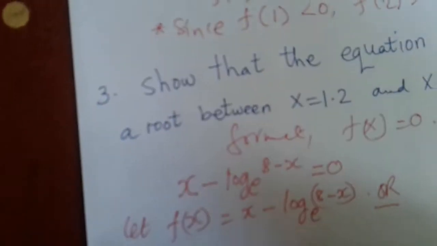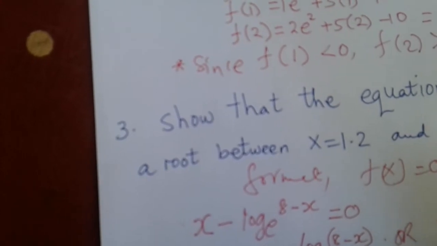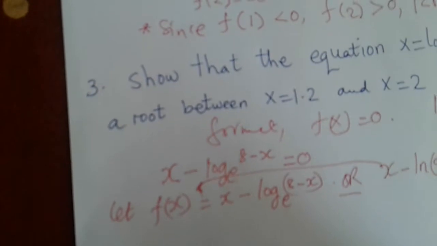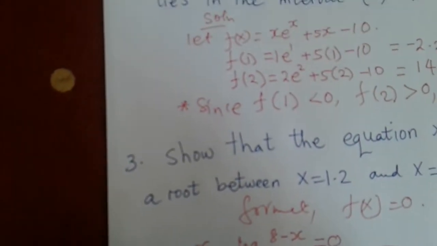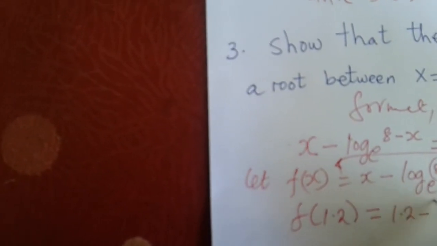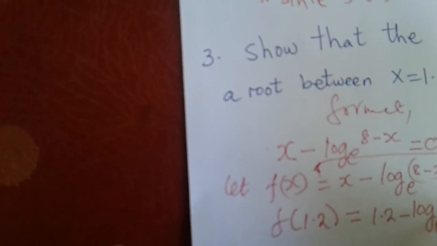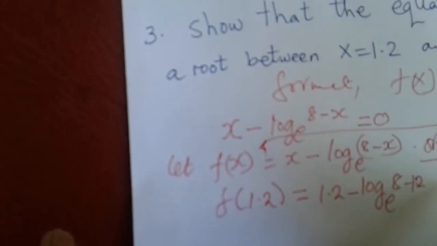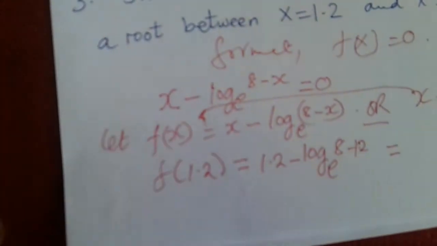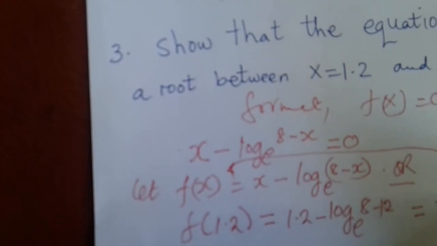Or you can say x minus ln of 8 minus x is our f(x), such that f of 1.2 should be equal to 1.2 minus log of 8 minus 1.2, such that when you put 1.2 in your calculator, automatically it will give negative 0.717.